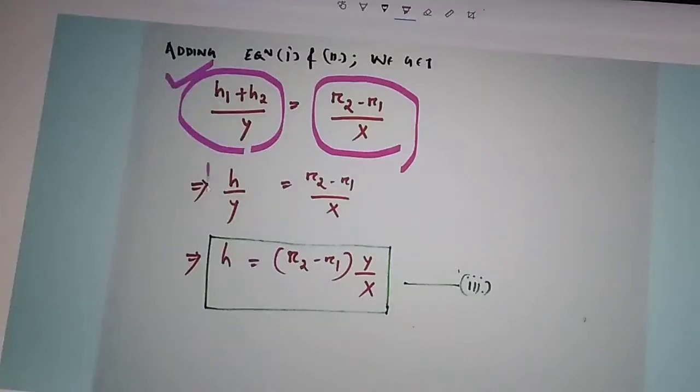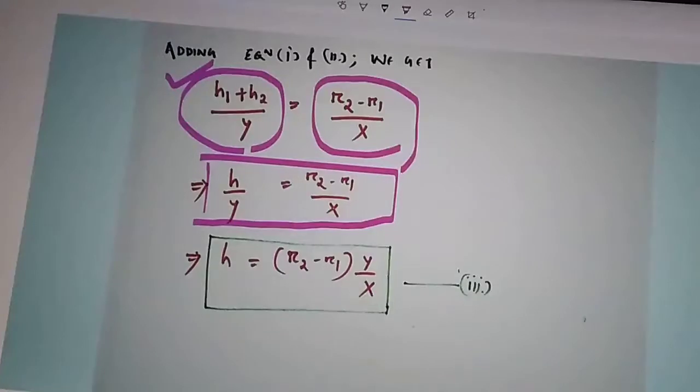So this is the important expression. This is the relation between the H, which is the lift of the sleeve or compression of the spring, and R1 and R2, the maximum and minimum radius of rotation. X is the ball arm and Y is the sleeve arm.